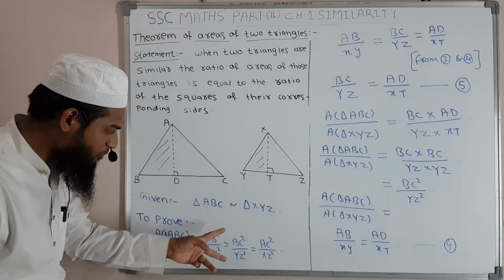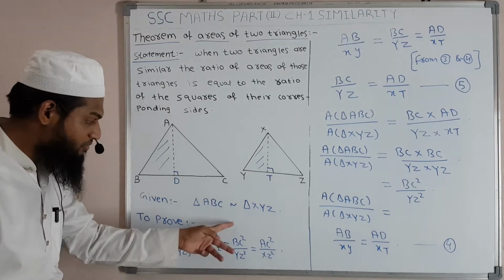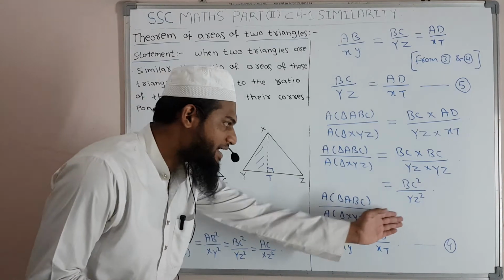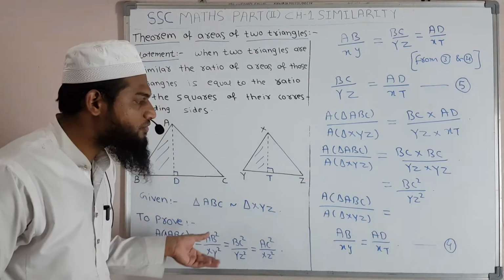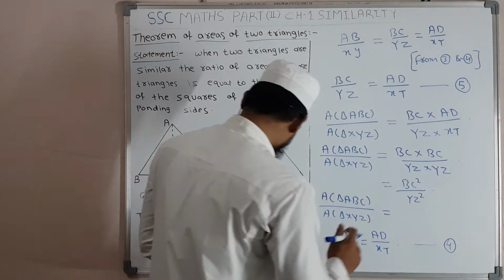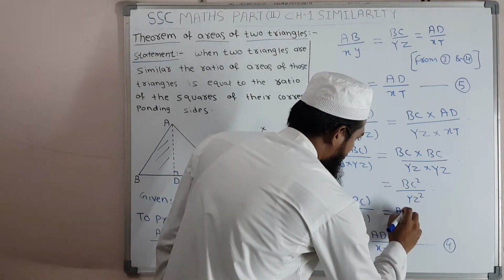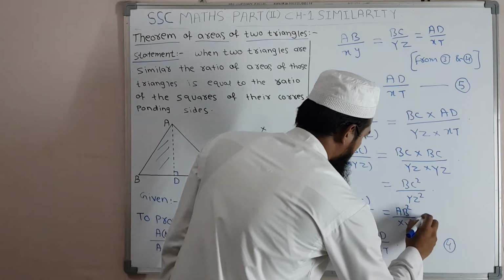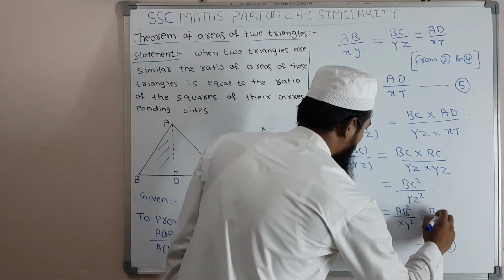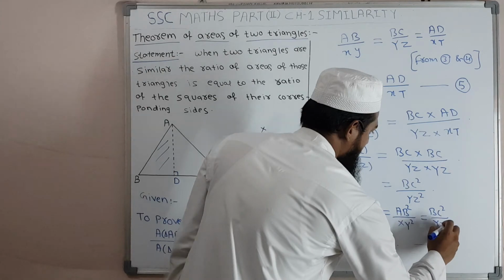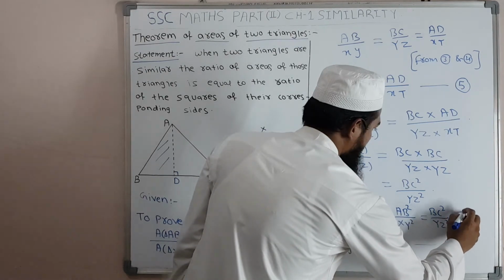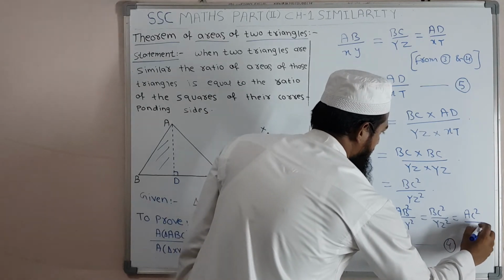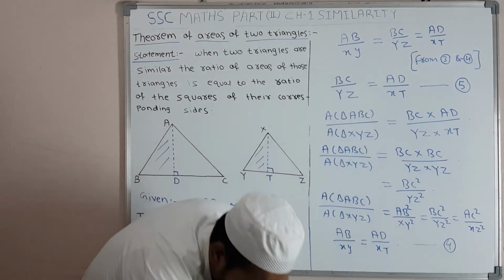So what do we have to prove? AB square upon XY square, BC square upon YZ square, AC square upon XZ square. So I can directly write the proof here. I am writing AB square upon XY square is equal to BC square upon YZ square is equal to AC square upon XZ square.